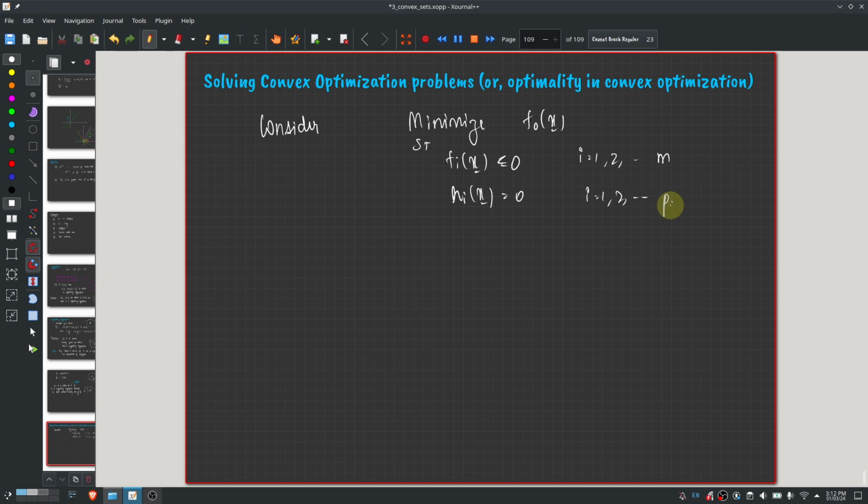In general, each of these fi's and hi's may have different domains. But we'll assume that the constraint set is non-empty, and the intersection of all of these domains is also non-empty. The constraint set is non-empty and there exists an optimum.